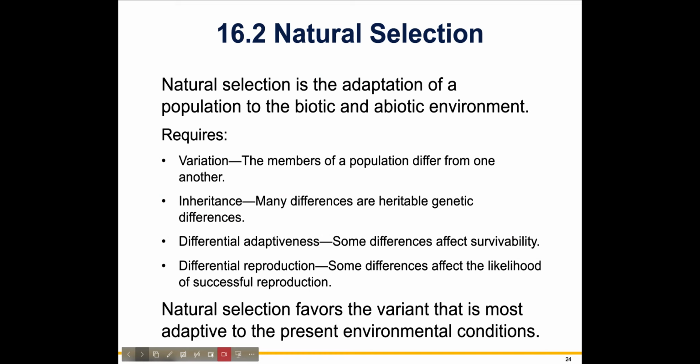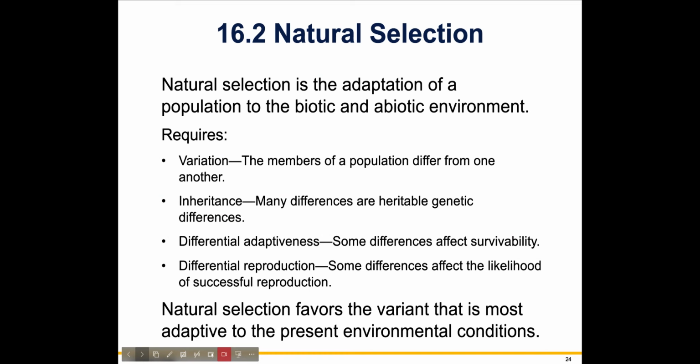In order for natural selection to occur, you must have variation already within the population, that the individuals in that population already have differences. Those differences must be able to be passed on through the genetic code. And then those differences must affect your survivability.